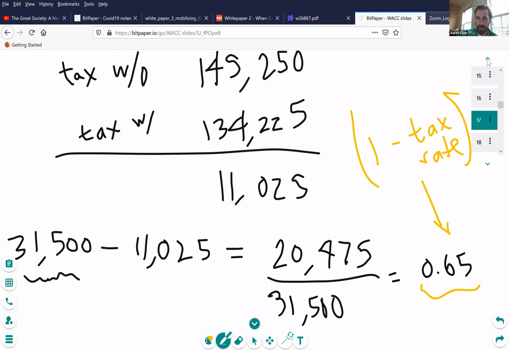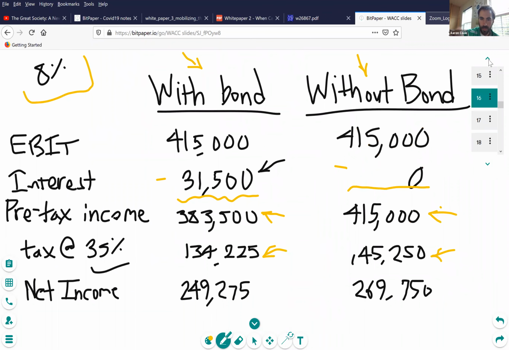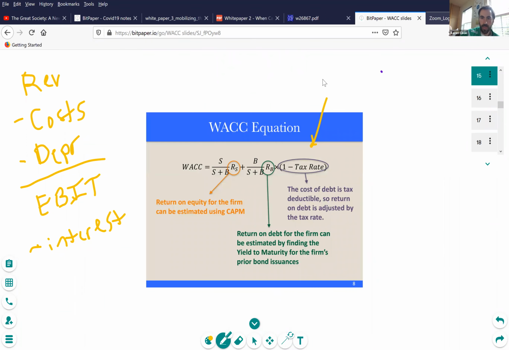So that's why this term, this 1 minus the tax rate, that's the 0.65 that we just saw, when you multiply that 0.65 times what the nominal borrowing rate was, which was 0.08. So that's a more complete explanation of where that 1 minus the tax rate term comes from.